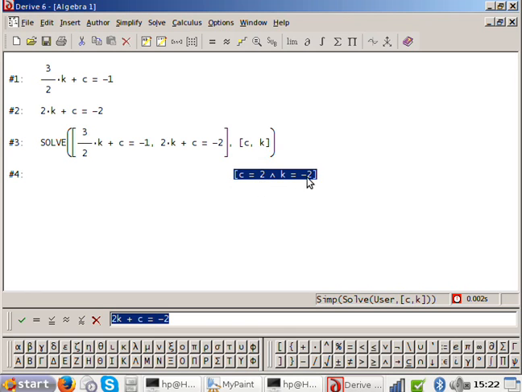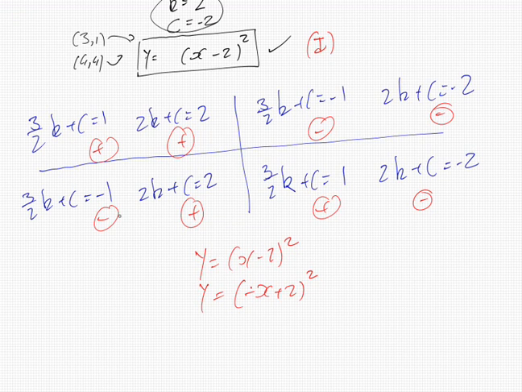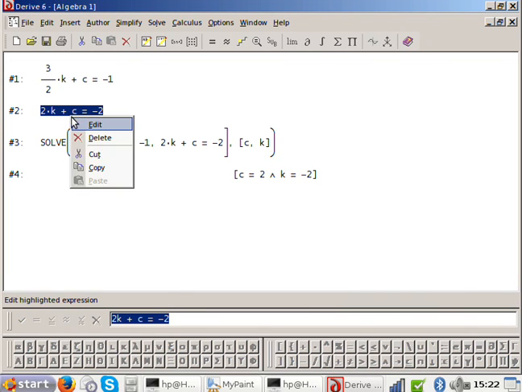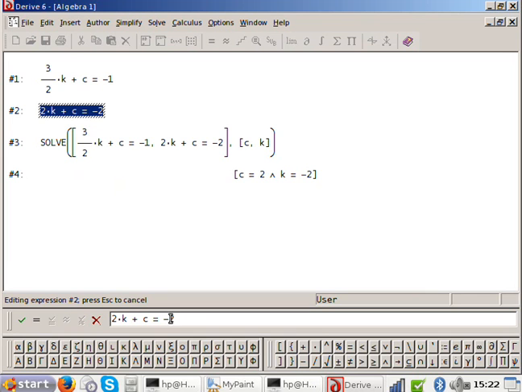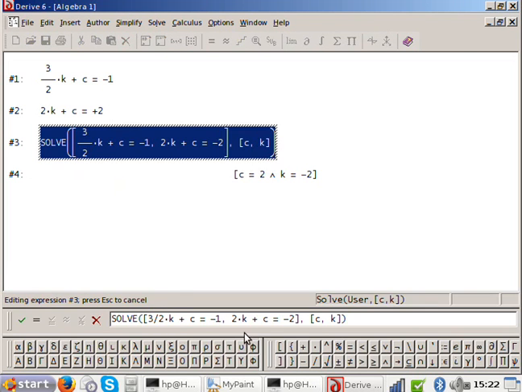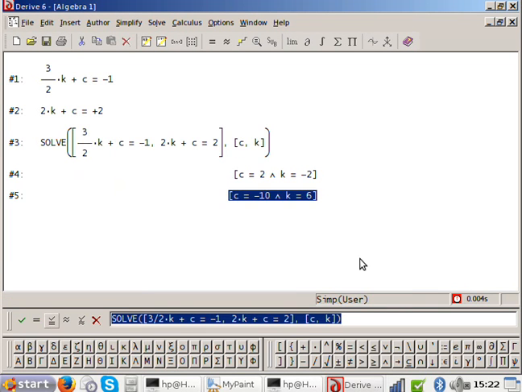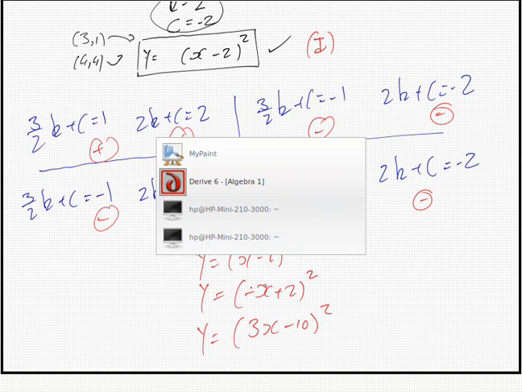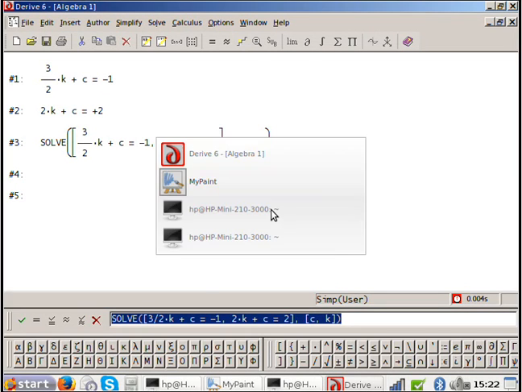The c is positive and the k is negative. Okay, let's see the next one, a minus and a plus. So change this one to a plus, and this one here to a plus. Ah, interesting. Totally different. Minus 10 and 6. The k is 6, the c is minus 10.